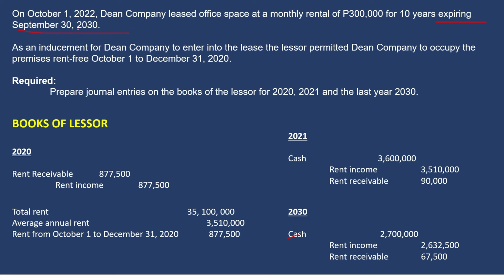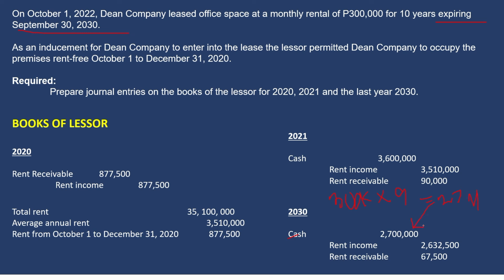So, from January to September 30, sa last year, that's only 9 months. So, 300,000 imuhang monthly payment times 9, and that's 2.7 million.